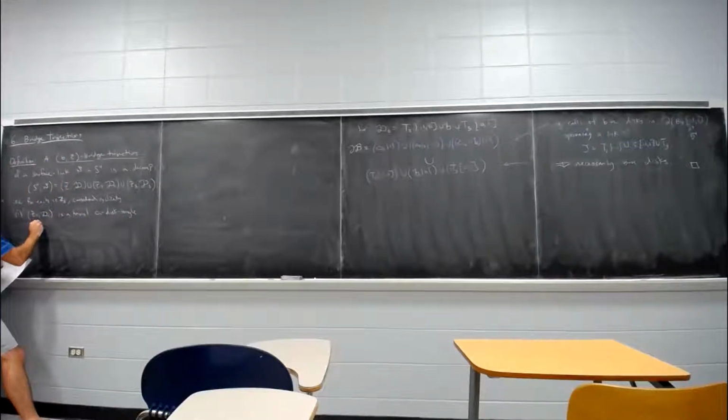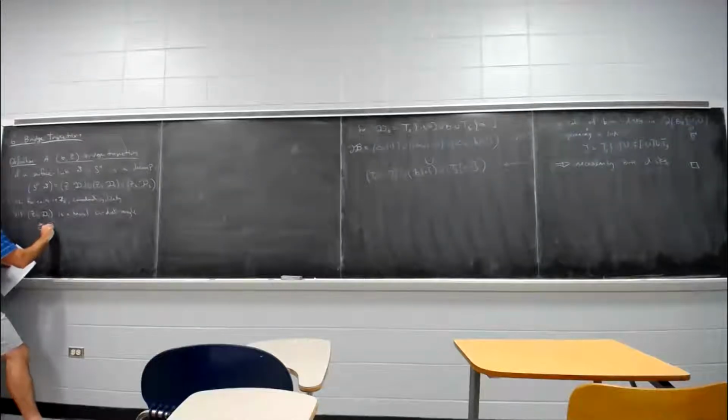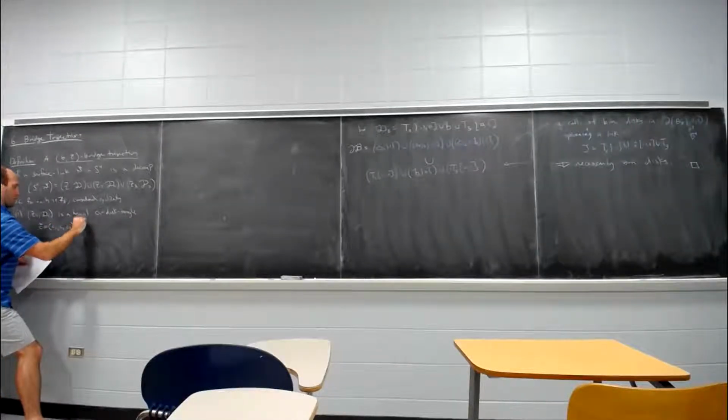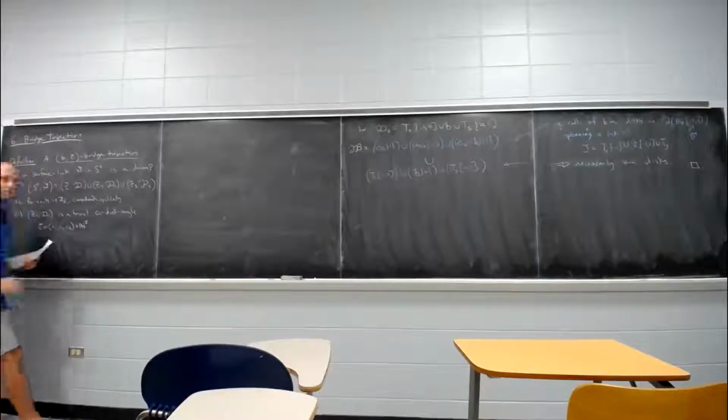Here I'm invoking the fact that the c vector is c1, c2, c3, an ordered triple of natural numbers.